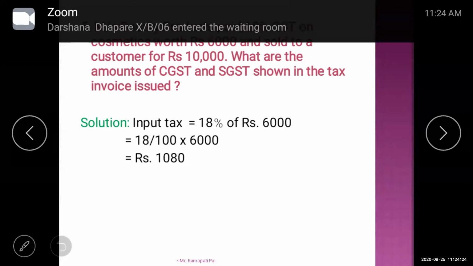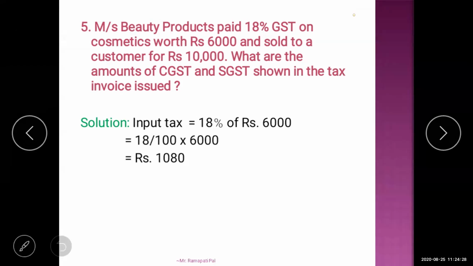Now you are ready to find the output tax. That is 18% of rupees 10,000. 18% means 18 upon 100 into 10,000. So simple it is.